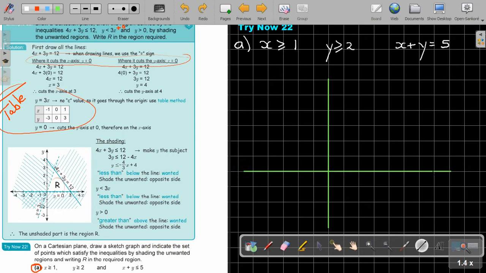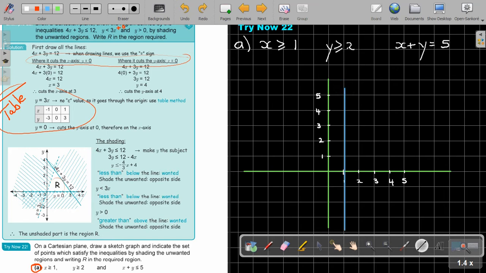There it is. It must at least go up to 5. So this will be 1, 2, 3, 4, 5, and 1, 2, 3, 4, 5. Okay. So x is equal to 1, it will cut the x-axis at 1. It's going to be here.